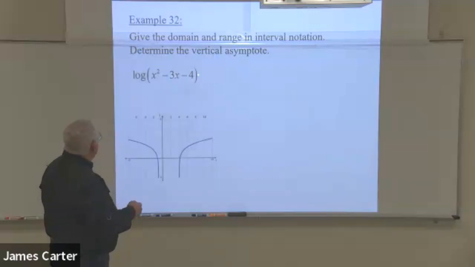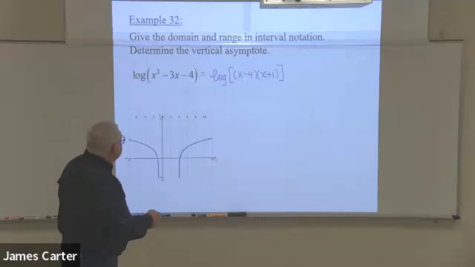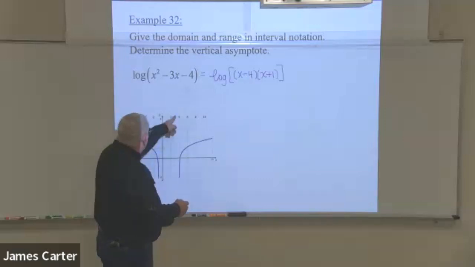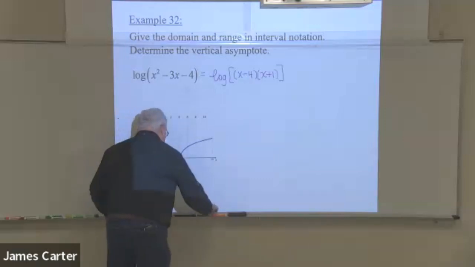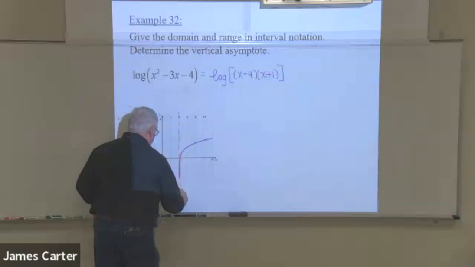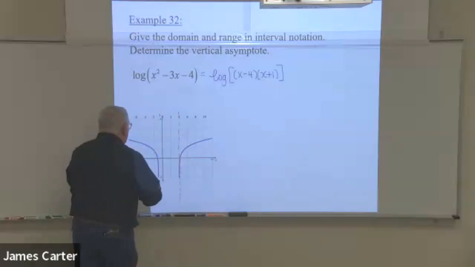Now, what about log of this equation? Well, this equation factors into that. That creates two asymptotes. It creates an asymptote at positive 4, and it also creates an asymptote over here at negative 1.